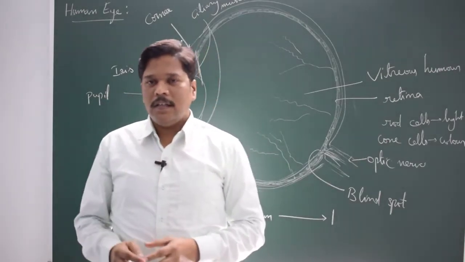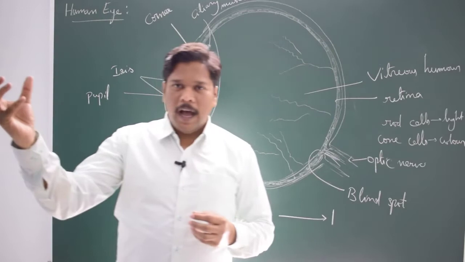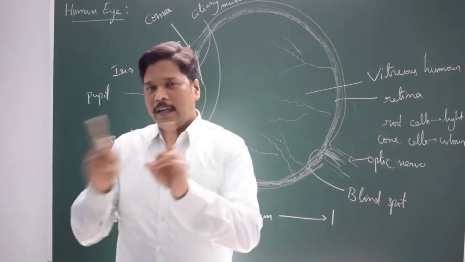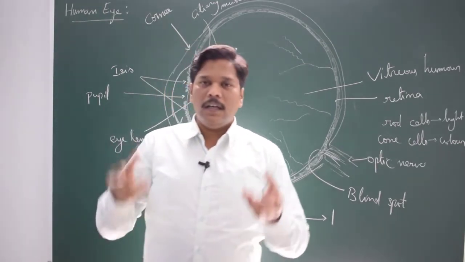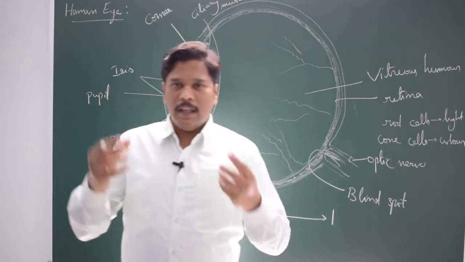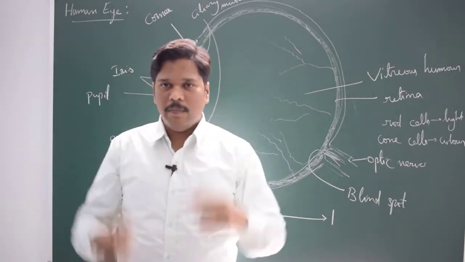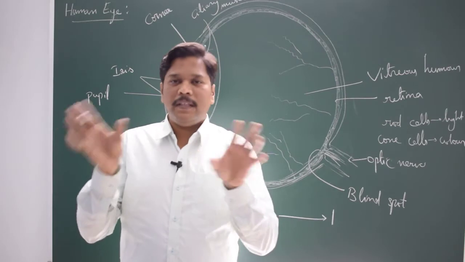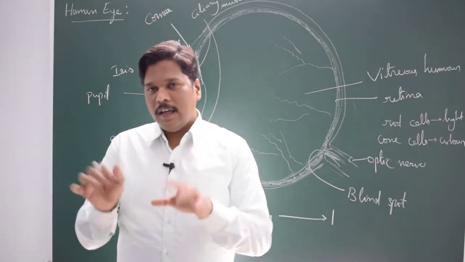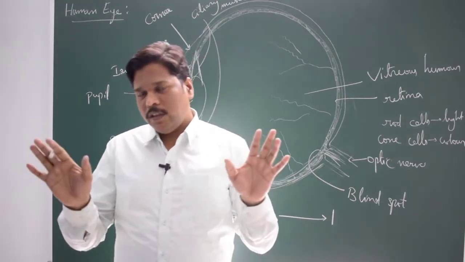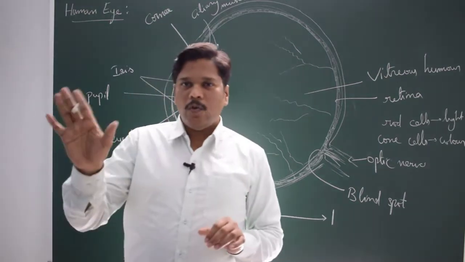One more thing, since we have two eyes, each eye visualizes the object at different locations. Now the function of the brain is, when the information is carried to the brain from both the eyes, the brain will perceive them as a single image. With each eye, it will be like a two-dimensional image.